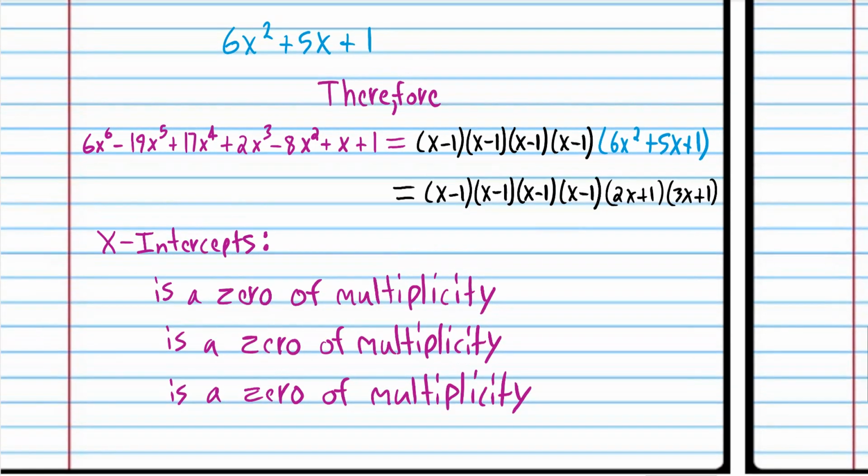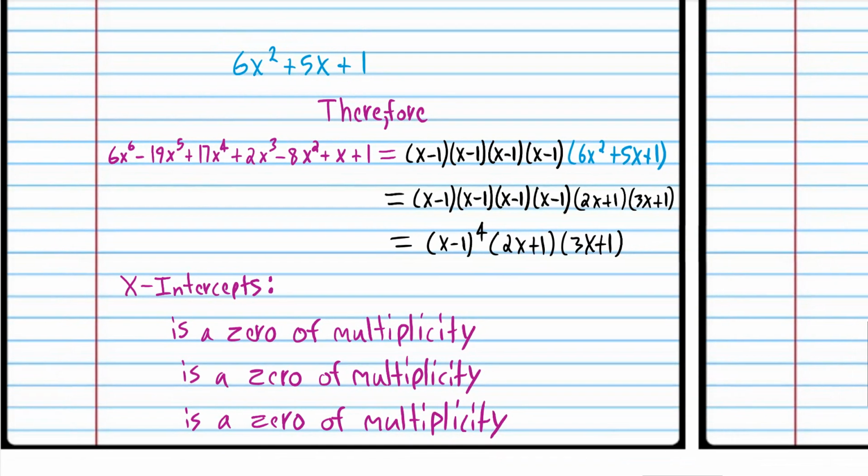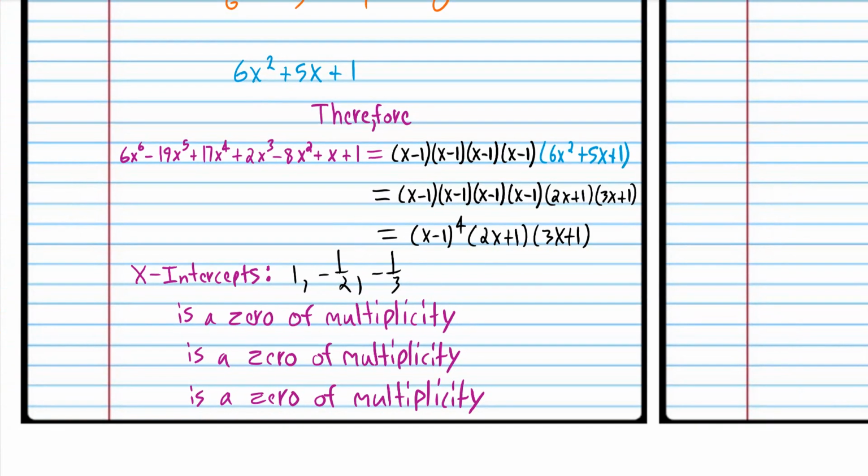So therefore, the x-intercepts, well, let's write this in exponential form, might as well. So we can put all those x minus 1s together, and that'll help us to see the multiplicity. Again, the multiplicity is the powers, the exponents of each of these factors. So the x-intercepts are 1, negative 1/2, and negative 1/3, because if you plug those in to the polynomial, you get 0.